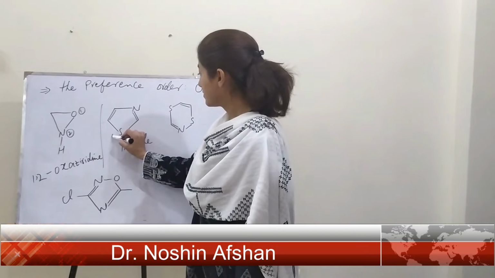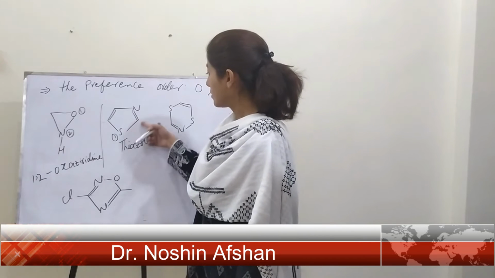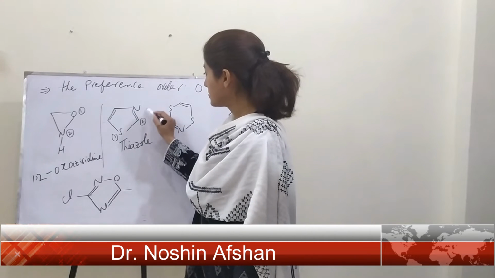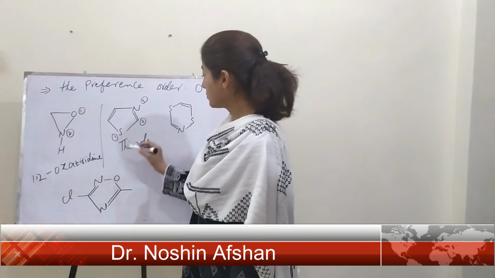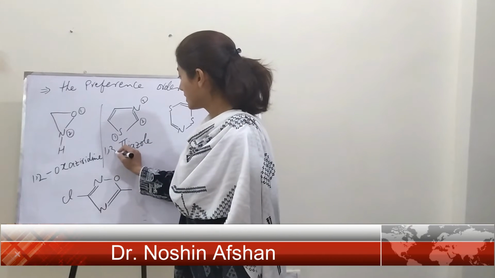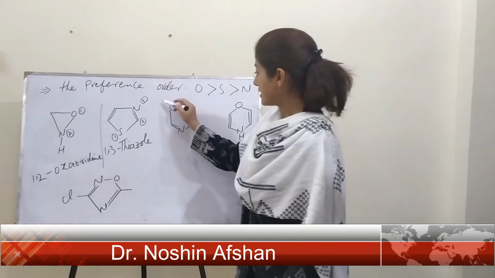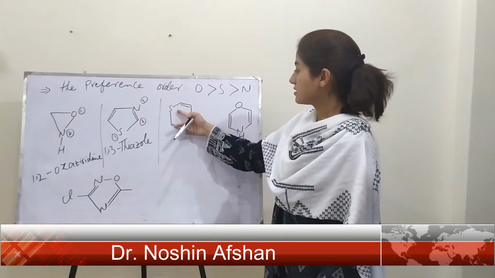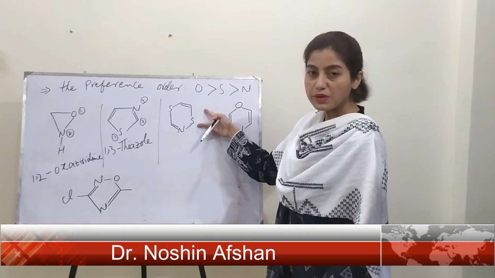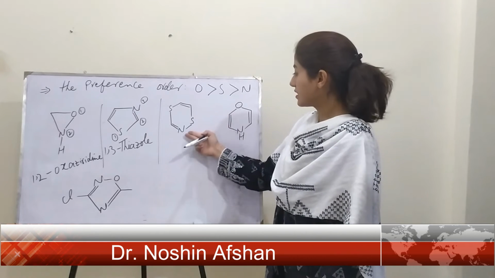And here this sulfur would be given number 1. Along this side the nitrogen is closer, so it would be at 3 position, so it would be 1, 3 thiazole. And this system contains a 6-membered unsaturated heterocycle containing nitrogen.